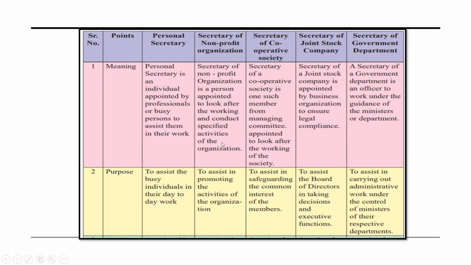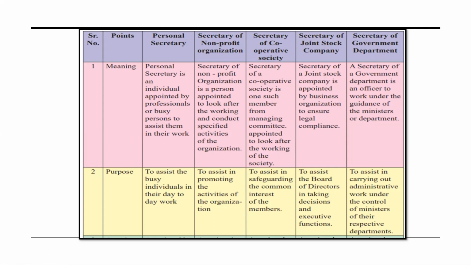Secretary of a non-profit organization is a person appointed to look after the working and conduct specified activities of the organization. Secretary of a cooperative society is one such member from the managing committee itself who is appointed to look after the working of the society.